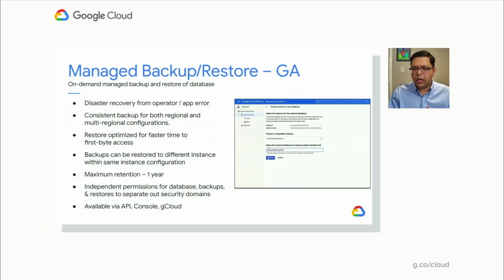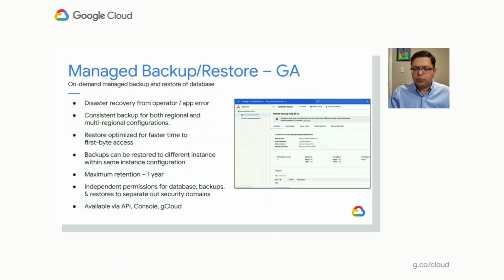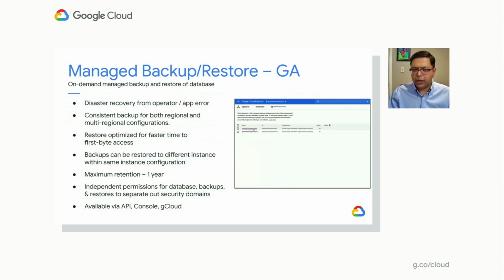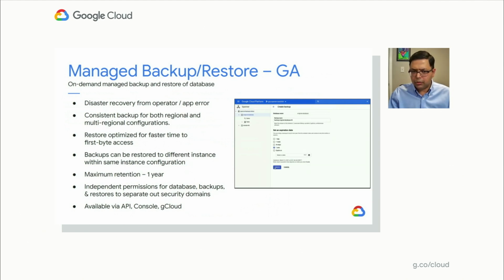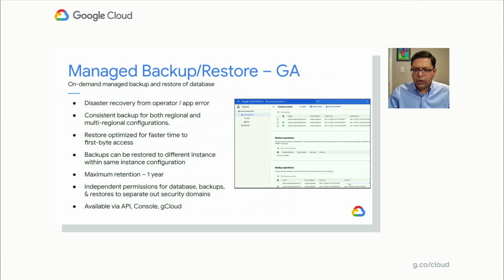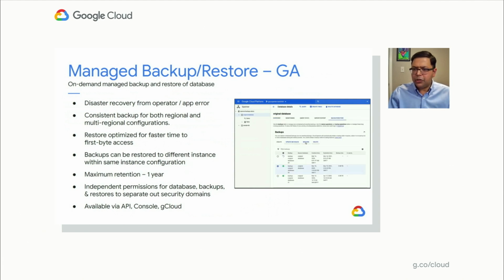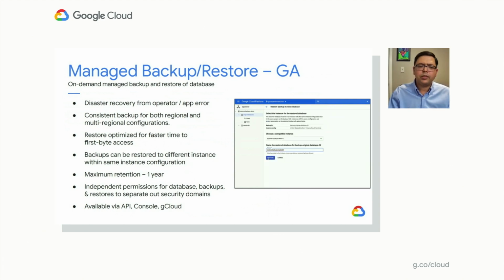So this is on-demand managed backups. This is primarily to offer protection to our customers against operator or application errors, which can cause logical data corruption. What we offer is consistent backup for regional and multi-regional instances.